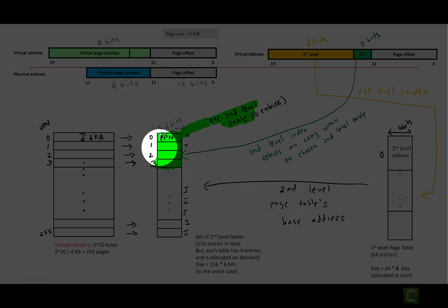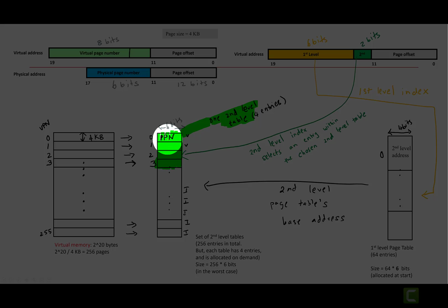And then let's say the store or load had accessed, let's say, the physical page number 0. And so in that case, the operating system is going to only allocate the physical page for one small 4 kilobyte page, and the rest of these are going to be set to invalid.